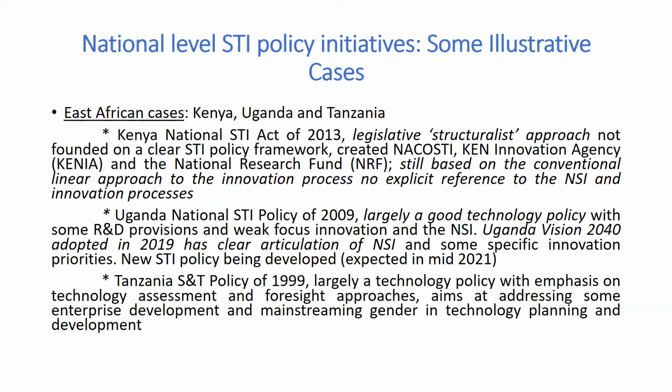Then I've already talked about Uganda, where a new policy is being designed and anchored on the high-level political document, Vision 2040. Then Tanzania still uses its old 1999 policy. There have been some efforts to revise that policy. The emphasis in the case of Tanzania is largely around technology policy, and research as well, dealing with technology assessment, technology foresighting, and enterprise development.